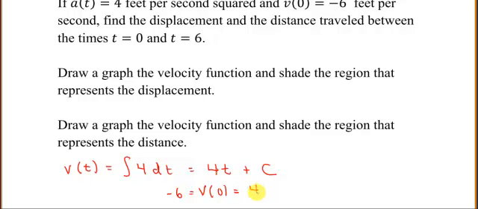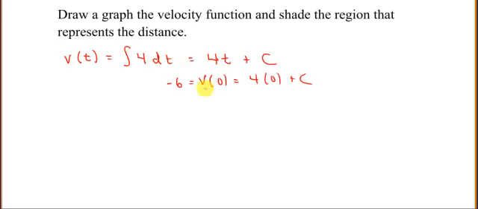So it's going to be 4 times 0 plus c. And so equating these, we have negative 6 is equal to c. So then v of t is equal to 4t minus 6.